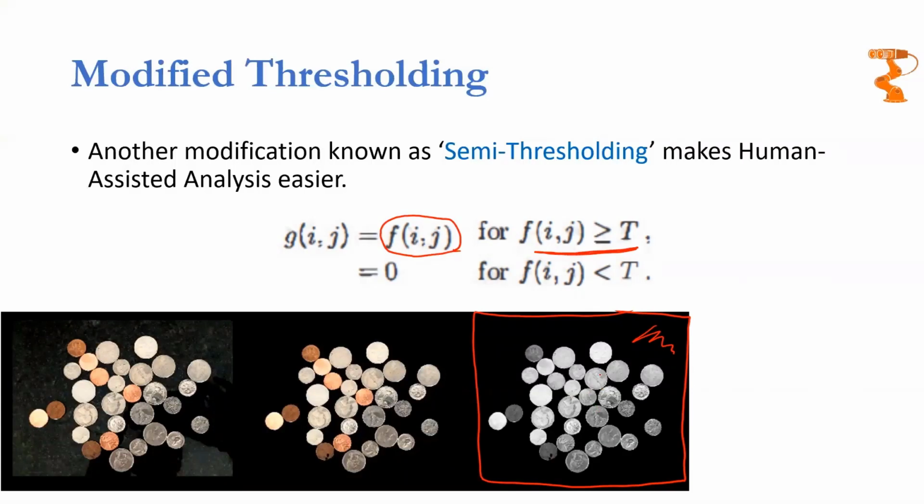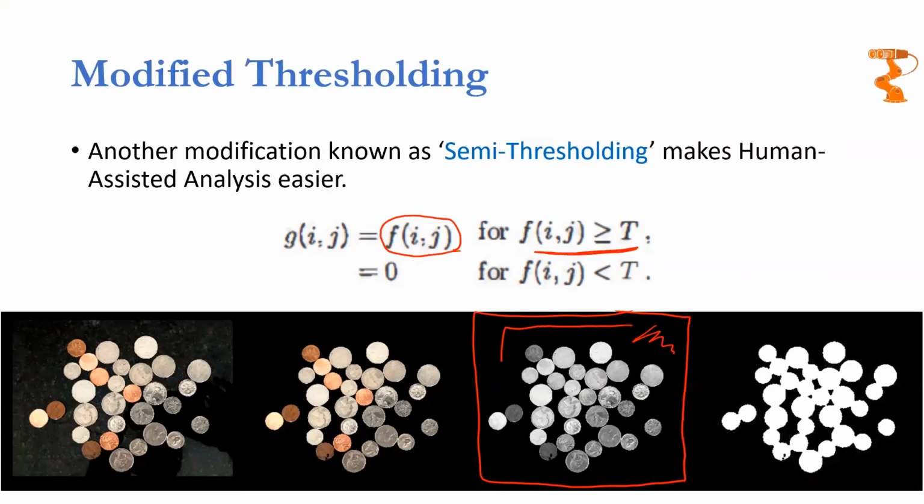So you have semi-thresholded this image. You have not lost the gray levels of these coins, but you have deleted all the gray levels present in the background.